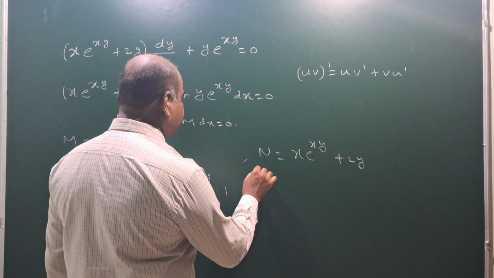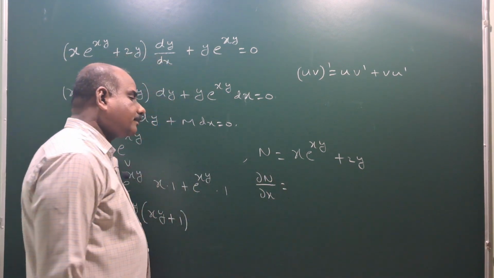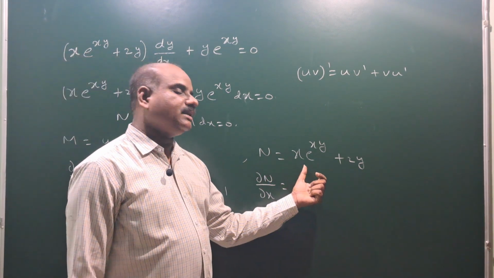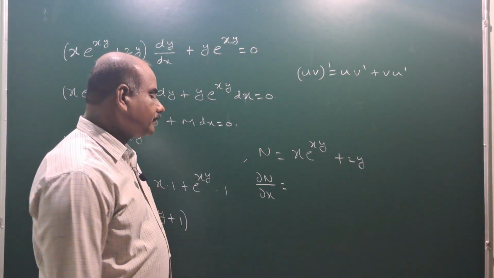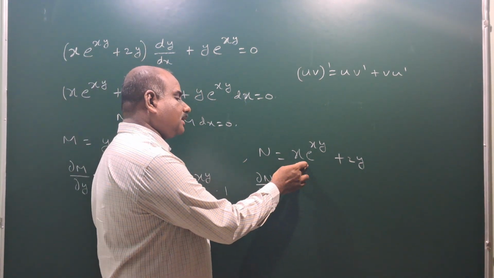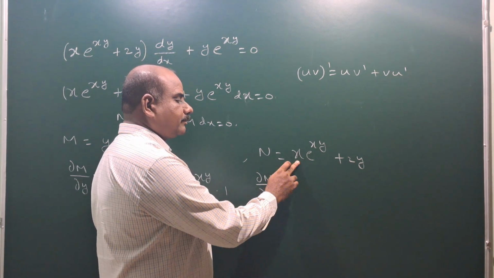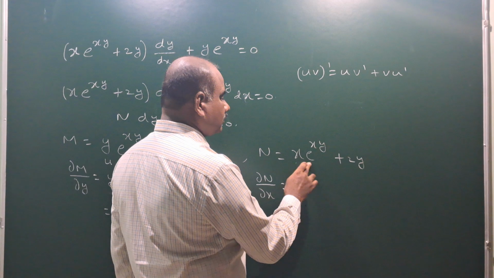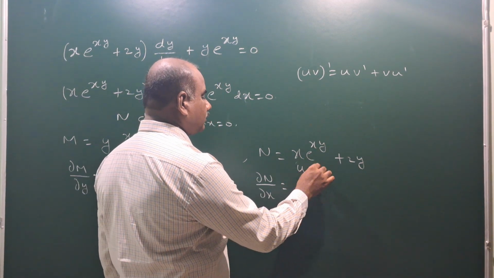Next, ∂N/∂x. The function N is x e^(xy) + 2y. We have to differentiate N with respect to x. Let us see the first term: x e^(xy) can be treated as u into v.